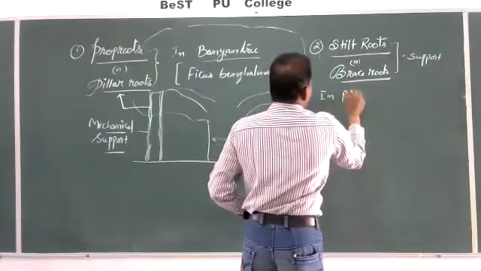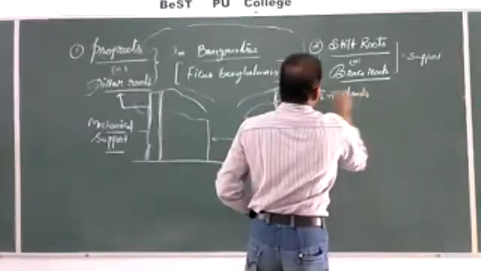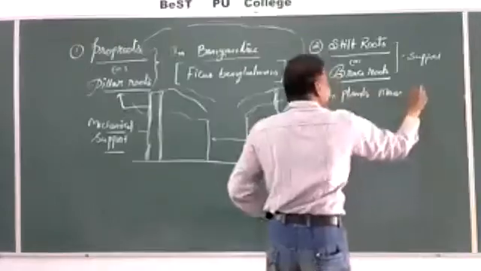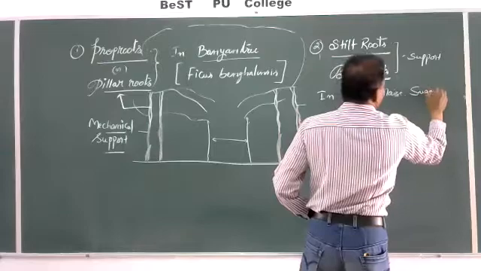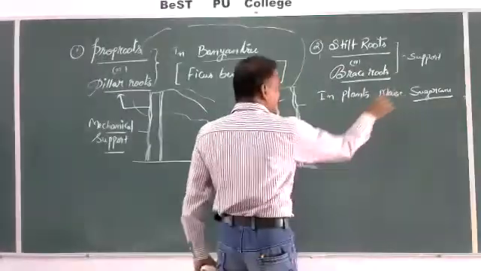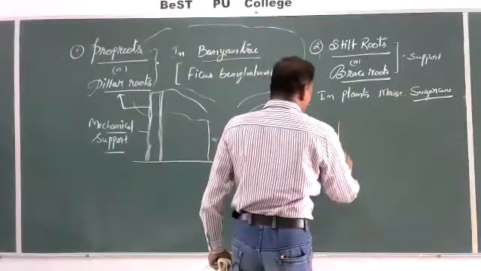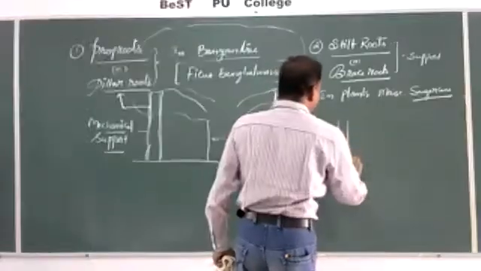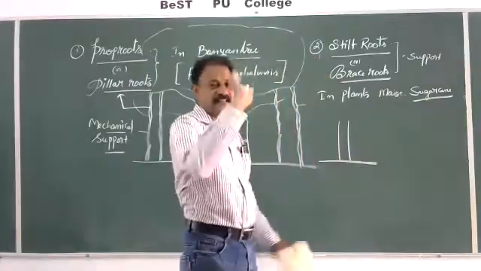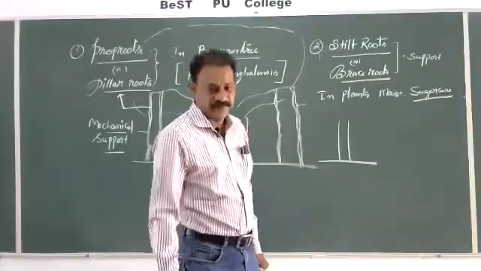In some plants like maize, generally sugarcane, especially you can see here, sugarcane plants have unbranched stems. Only the stem is there, there is no branch on the stem.